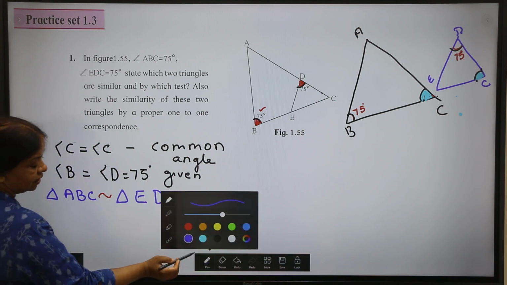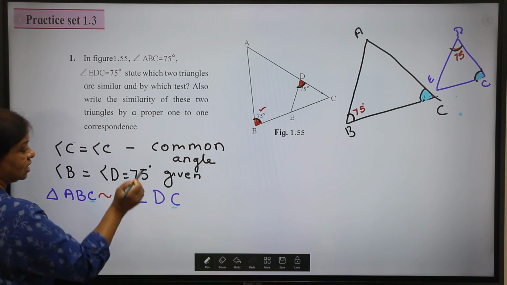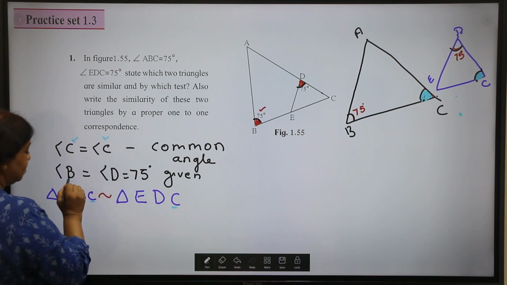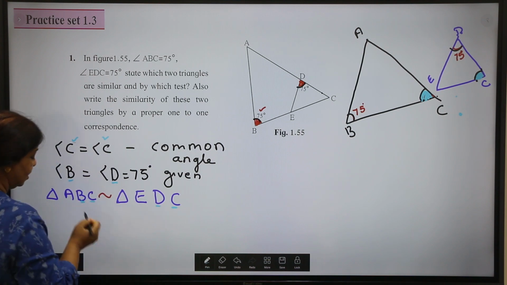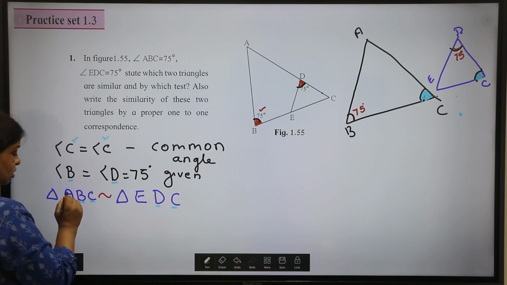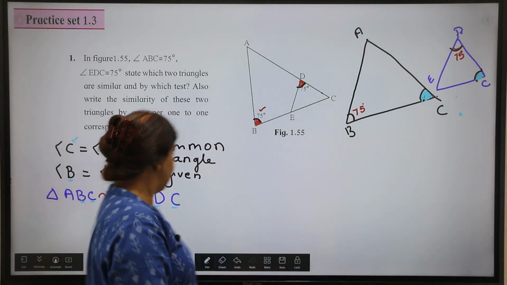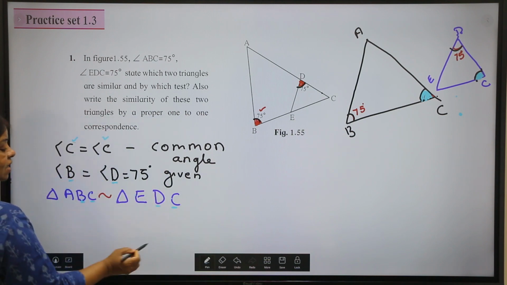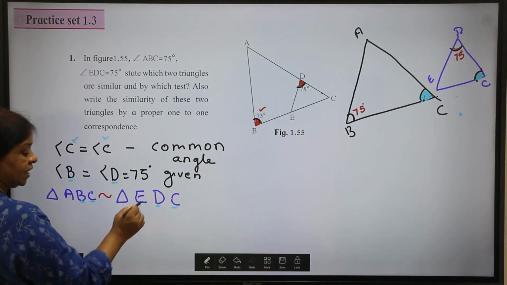See, here C is last and C is last. Both C angles are equal to one another. And then B is equal to D, B is second and D is second. So equal angles must correspond to each other. Here angle C is corresponding to angle C, angle B is corresponding to angle D, and B and D are equal. Therefore these two triangles are similar.